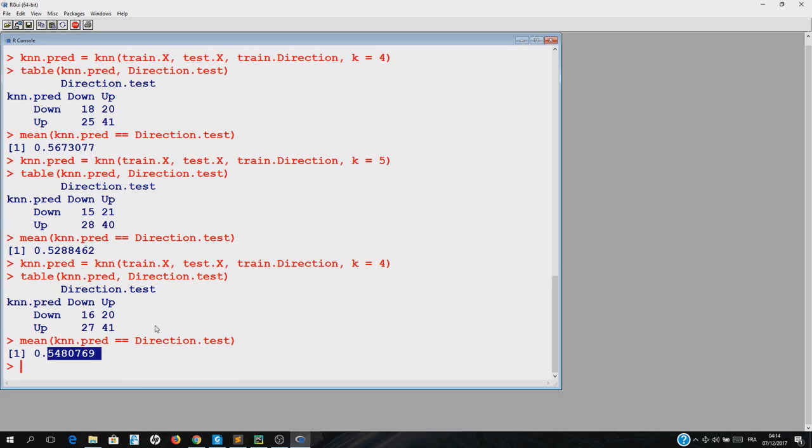By the way, you can see here that it was 4 and it was almost 56%, 57%, and here it's also 4, but it's less. Why? Because there is some randomness in initializing our data.